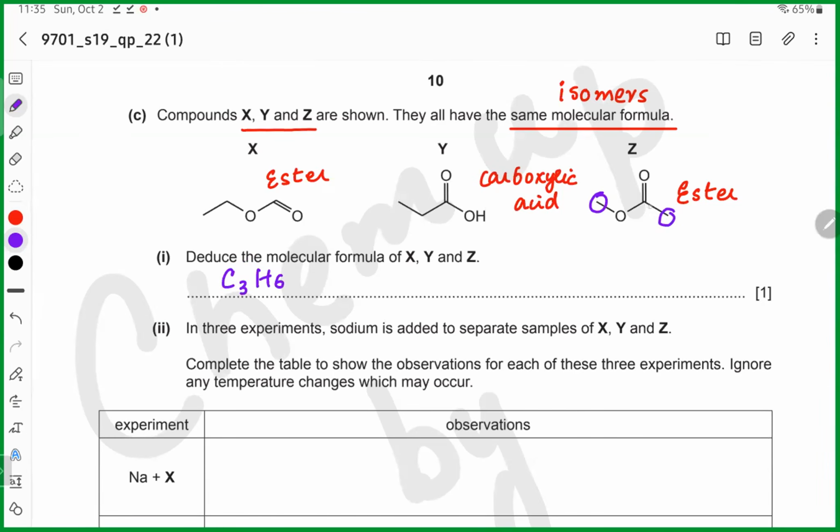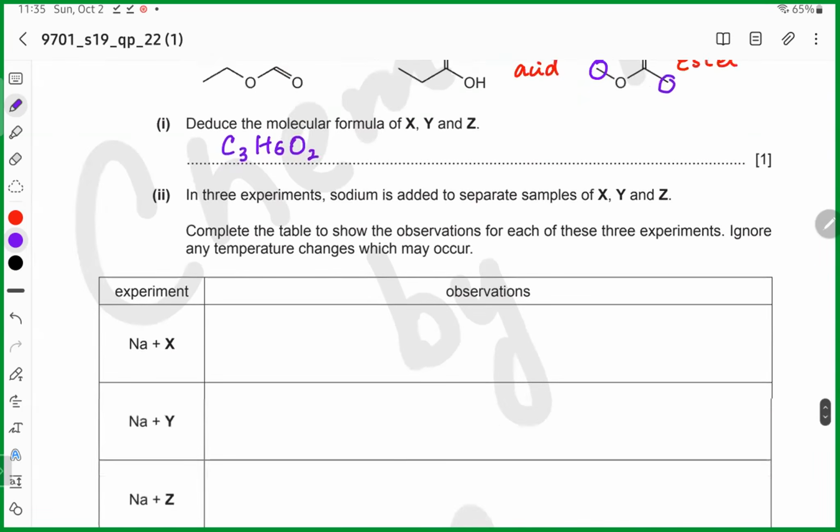On the center carbon atom, there are 4 bonds shown in the skeletal formula, which means no hydrogen is bonded to that one. And we have 2 oxygens. So this is the molecular formula of X, Y, and Z. Is this clear? Yes. Okay.